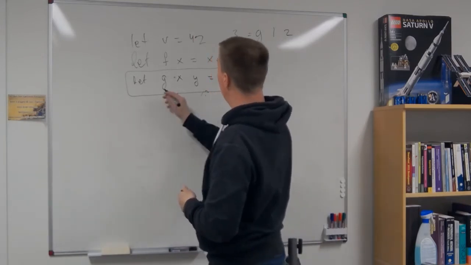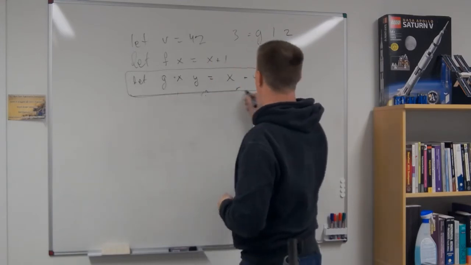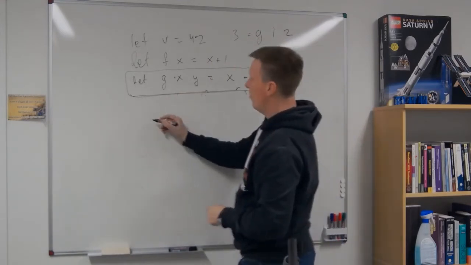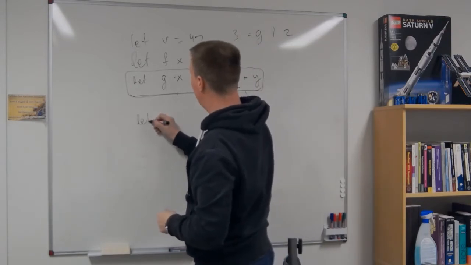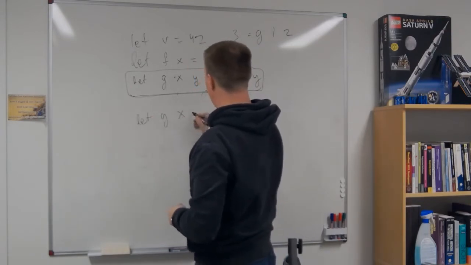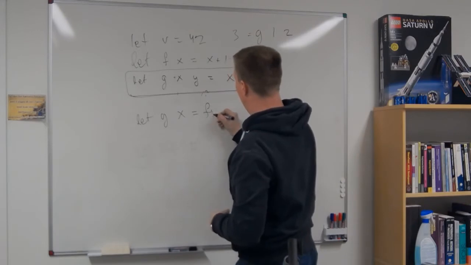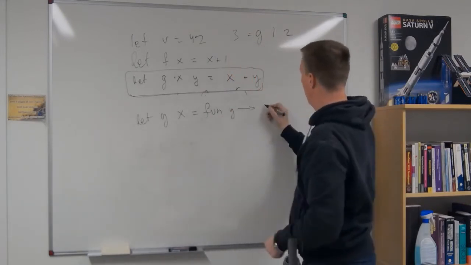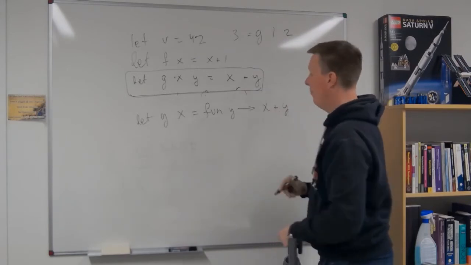So instead of defining let g x y to be like this, I could say let g of x equals fun y arrow x plus y.